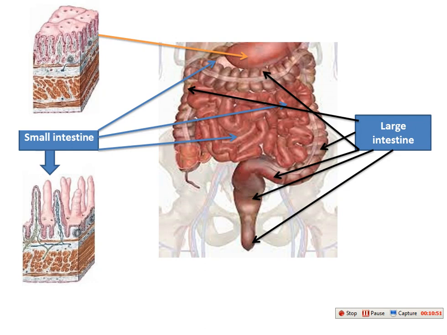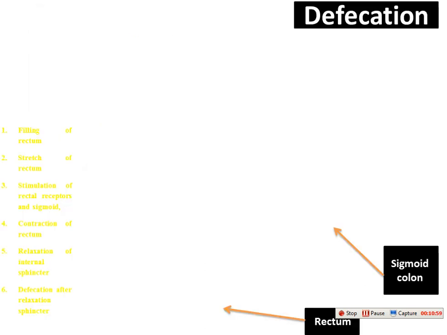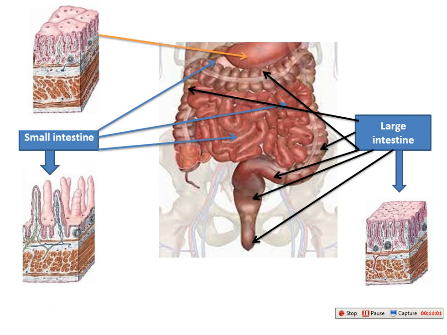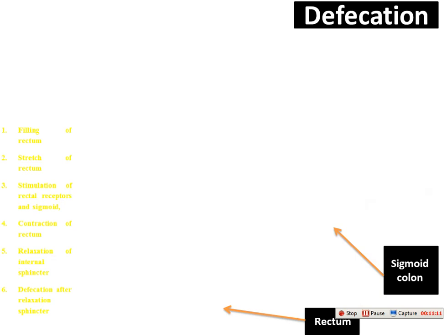And you see that the mucosa of the small intestine has villi, while the stomach and the large intestine haven't, because there is no absorption of nutrients in the stomach or in the large intestine, but only in the small intestine.